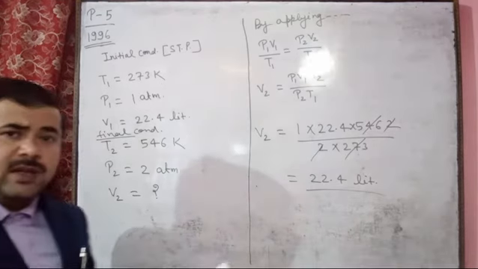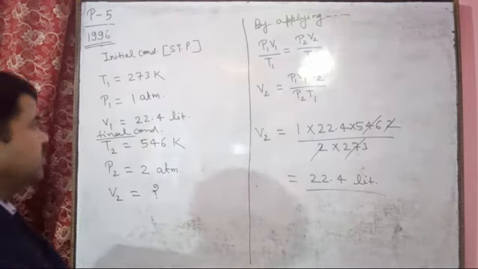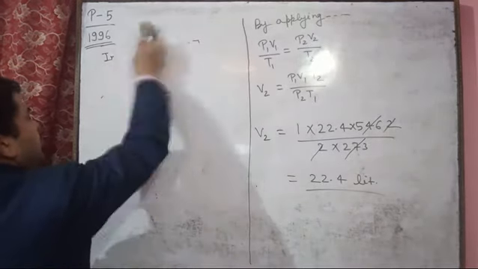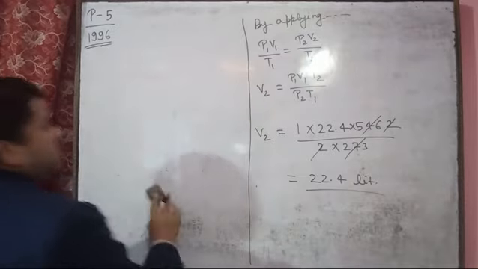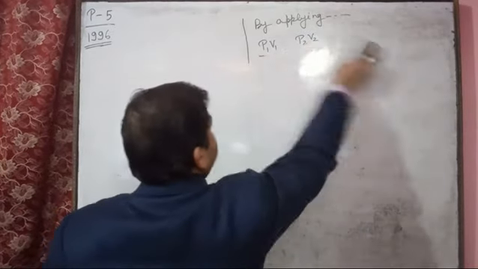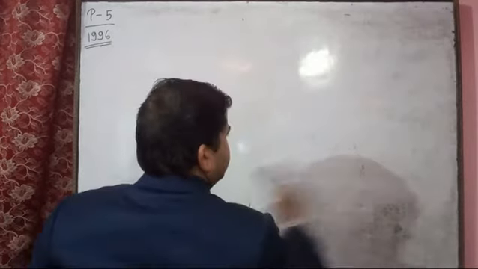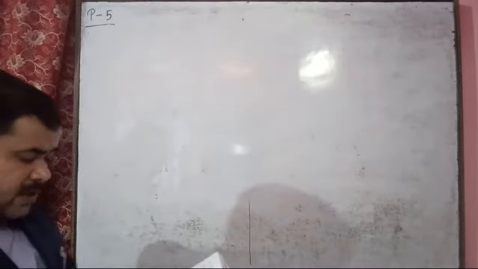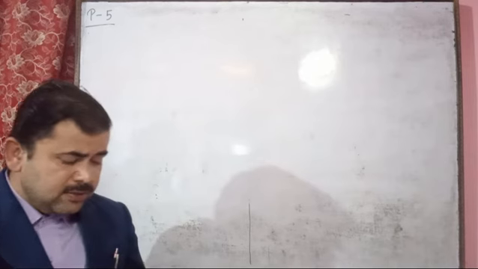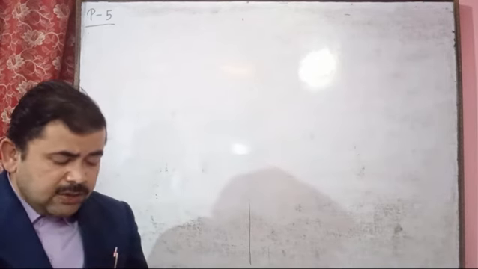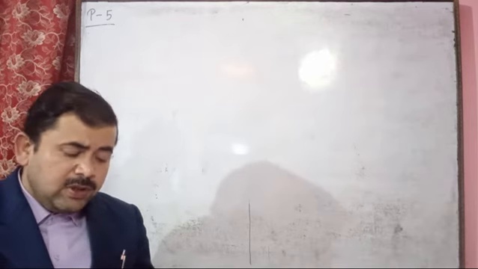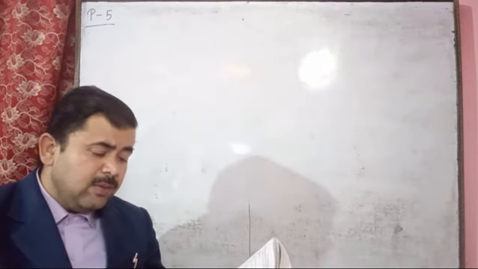And next, additional problems. Additional problem first. What volume will a gas occupy at 740 mm pressure, which at 1480 mm occupies 500 cc?